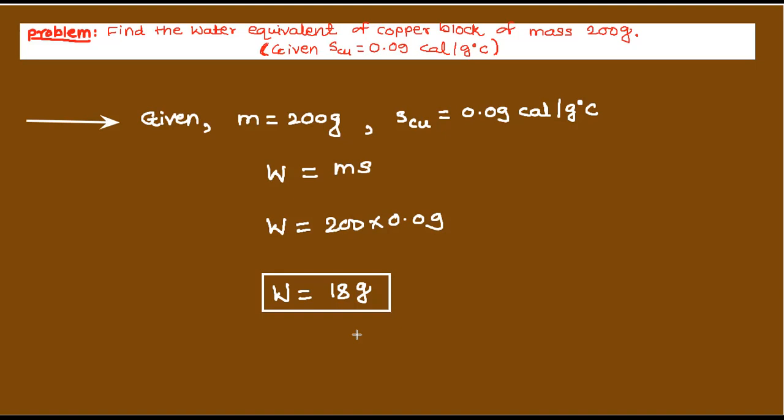Otherwise W is equal to 18 into 9.8. Everywhere G consists 9.8, yes or not? Here it is gram. Keep it in mind. Okay, so let's move ahead.